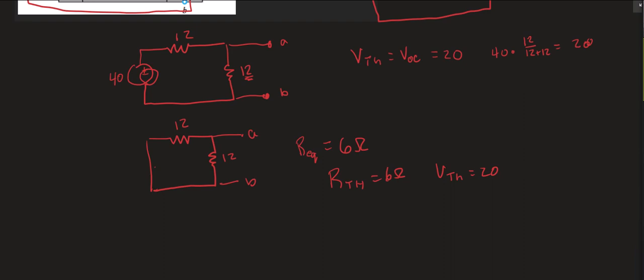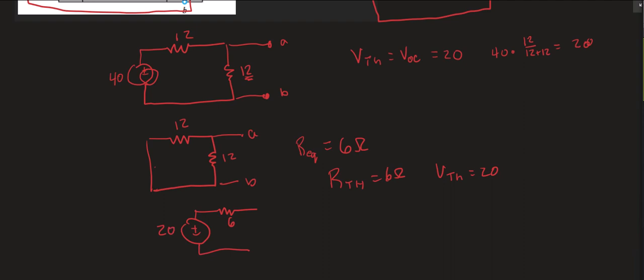If we wanted to do it as a Norton, so that means it would look like this. So this would be 6, and this would be 20. That would be our Thevenin equivalent circuit.